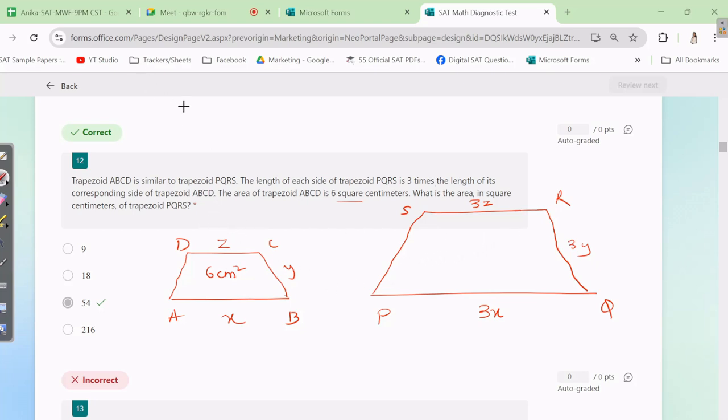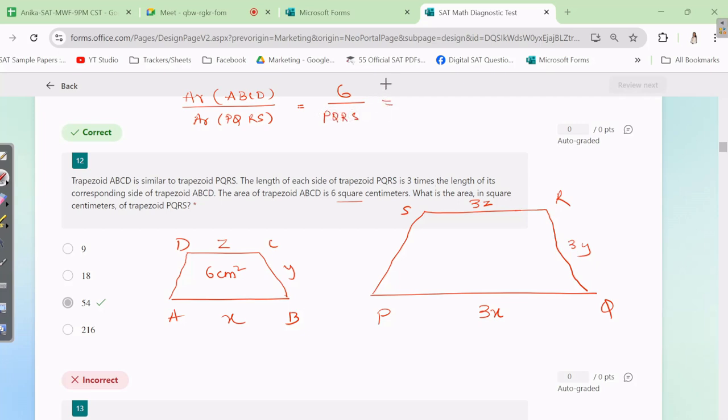So what will be the ratio we just did? Area of ABCD over area of PQRS. Can you tell me what will be this ratio? So the area of ABCD is 6 centimeters squared over PQRS.